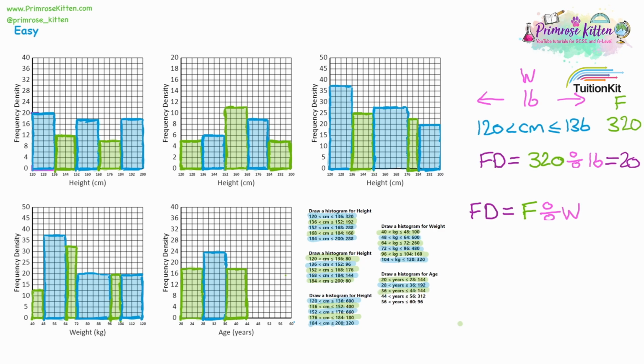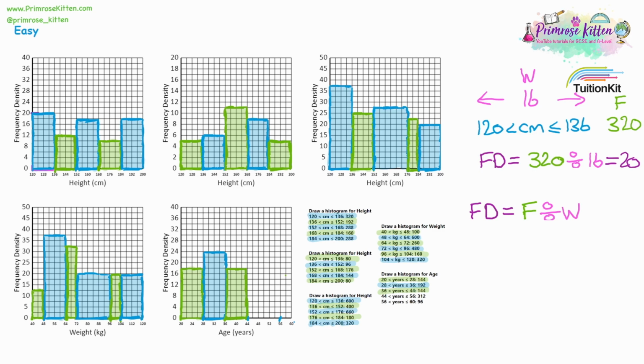The next one has 312 people, so this must have a bar that's at least twice as big. So 312 people, what's the width? We're in between 44 and 56. So it's a wider bar. From 44 to 56, that is adding on 12. So we need to divide by 12.